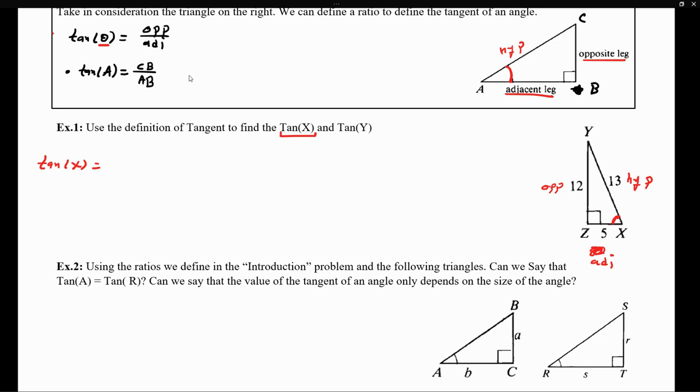Notice that YX is my hypotenuse, and the line segment ZX is my adjacent. So there are only three types of sides: opposite, adjacent, and hypotenuse.